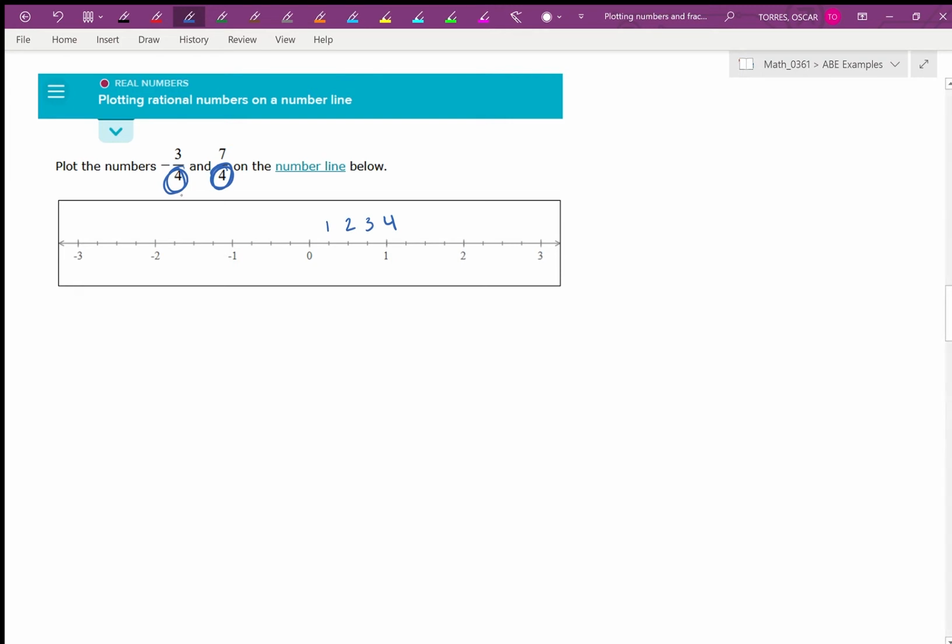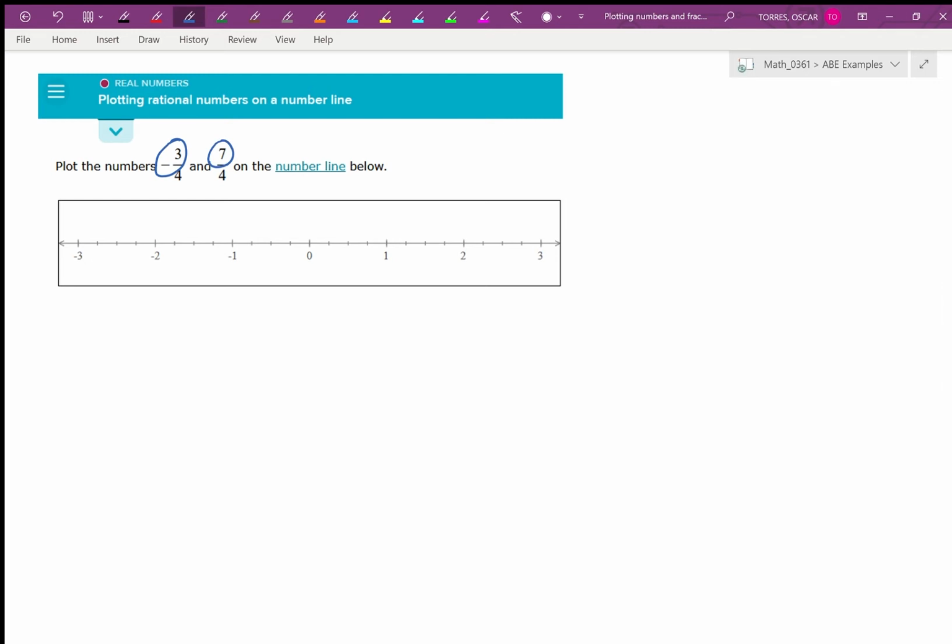That should match up with this denominator, and it matches up with both of these, which makes this problem relatively simple. Since we know the denominator matches up with the number of tick marks, we can just focus on the numerators, and the numerators will tell us how many spaces to count to the left or to the right starting at 0.